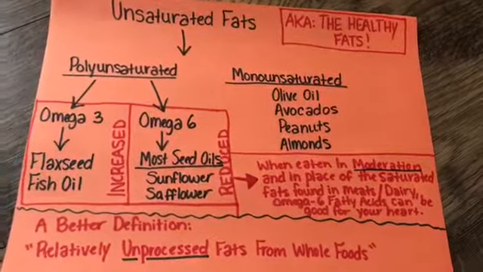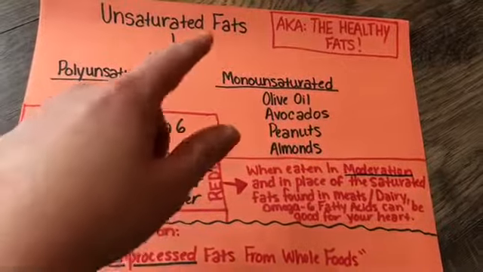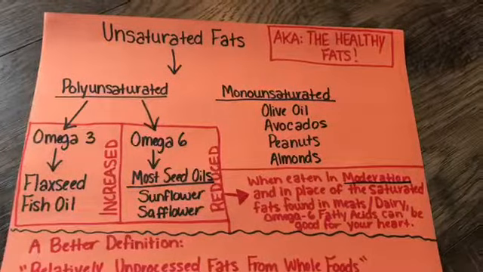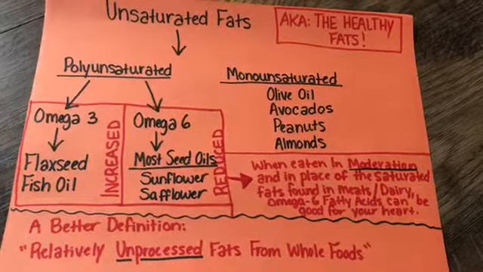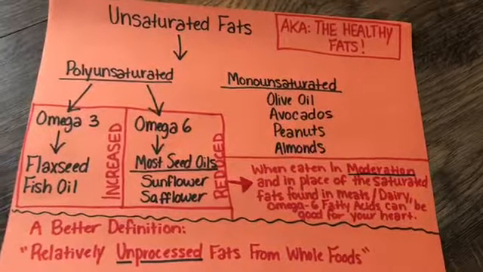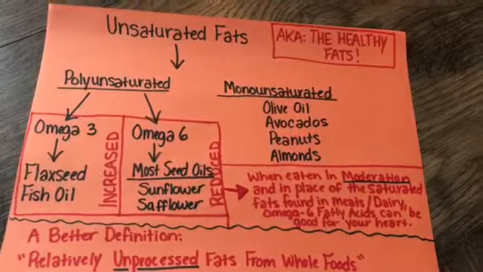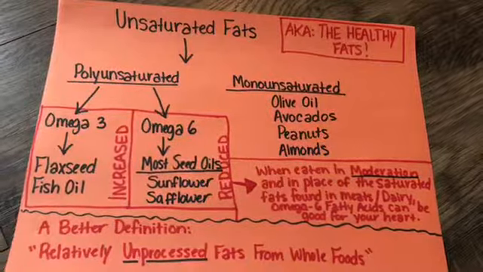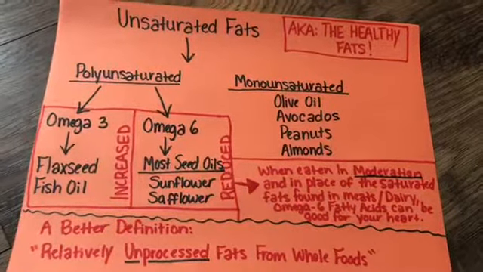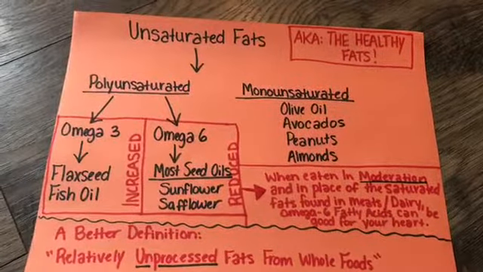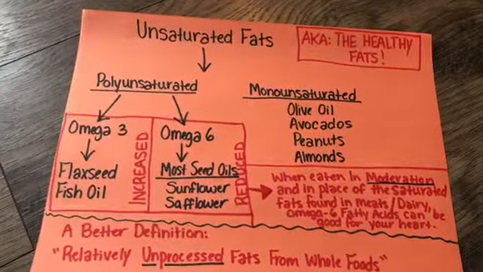All right? And then the other kind of unsaturated fats, we got our monounsaturated. Now this is our olive oil, avocados, peanuts, almonds. So this is also known as a healthy fat. But again, in moderation. You don't want to get a whole jar of almonds and finish it in one sitting.